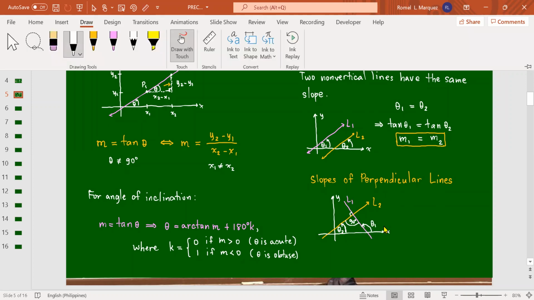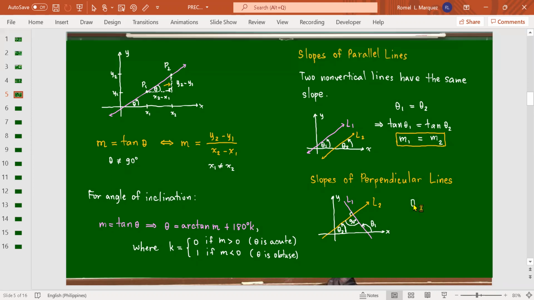Theta sub 1, that is the exterior angle of this triangle, is equal to the sum of the two remote angles. That is 90 degrees plus theta sub 2. If we take the tangent of each side, we get tangent of theta sub 1 equals tangent of 90 degrees plus theta sub 2.